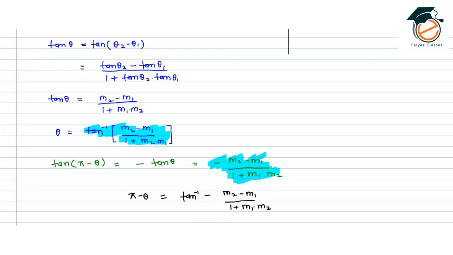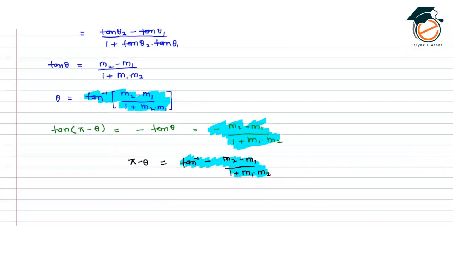This is the first angle and this is the second angle between the two lines, and one of them is acute.